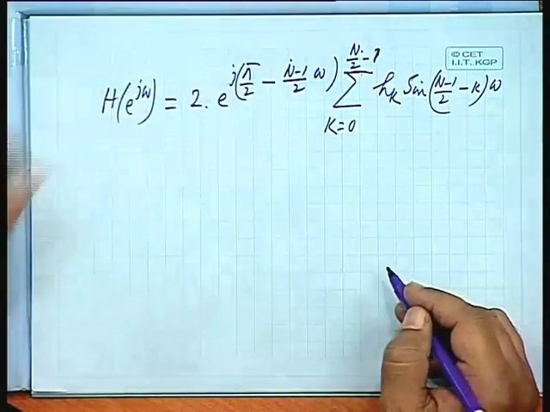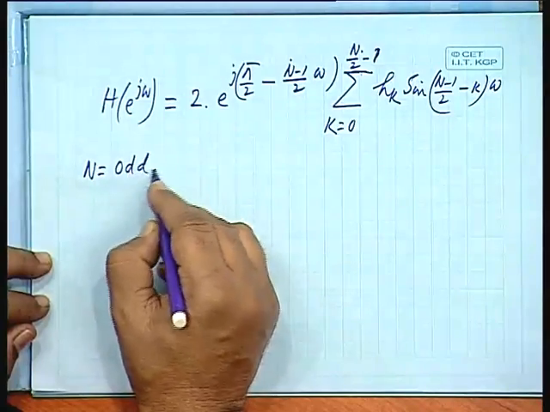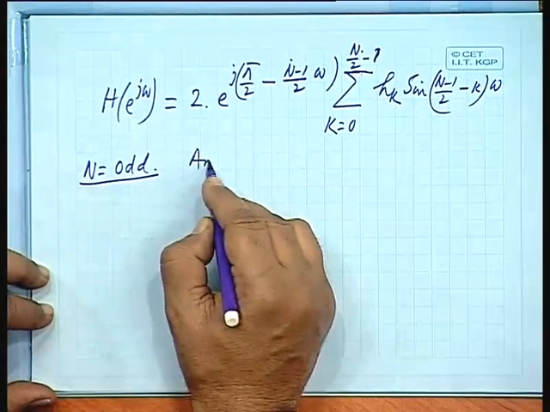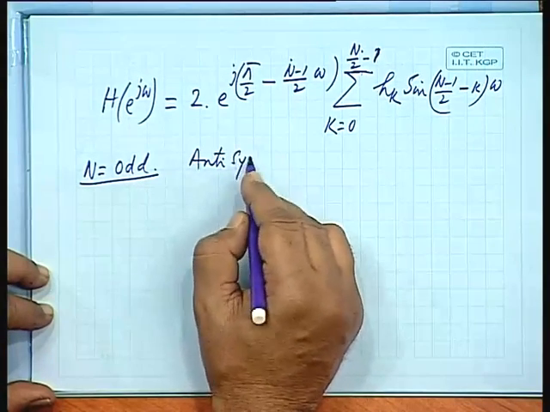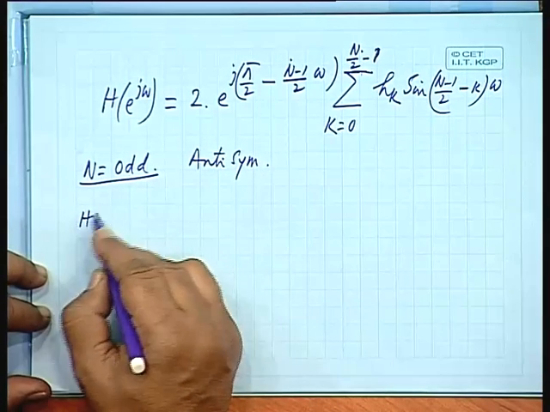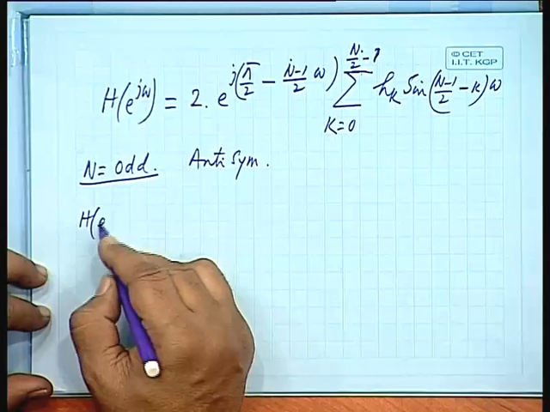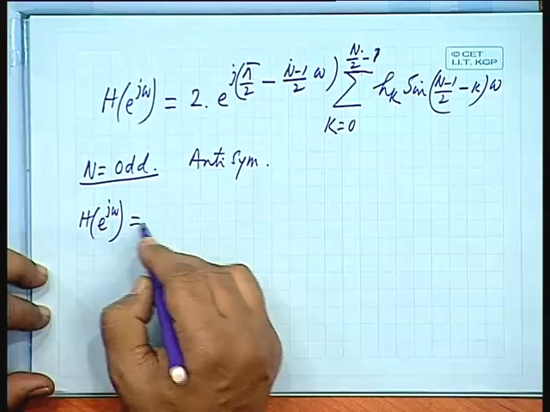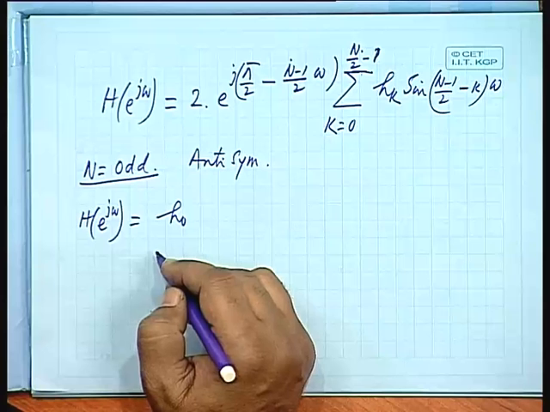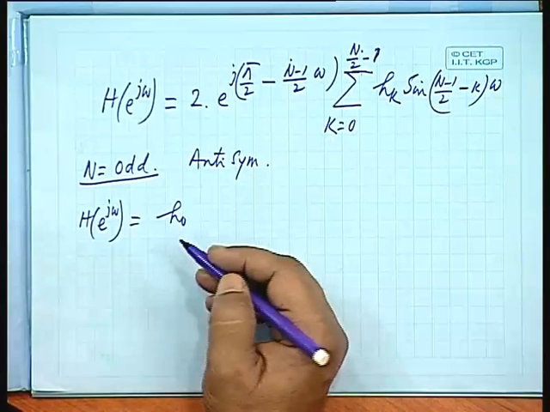What about the antisymmetric sequence when n is odd? So, let us have again H(e^jω), I will straight away write in this form, say h0, let us take 5 terms or maybe 7 terms.